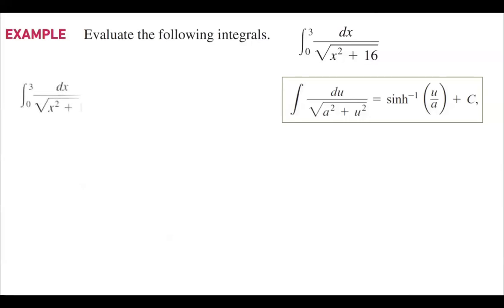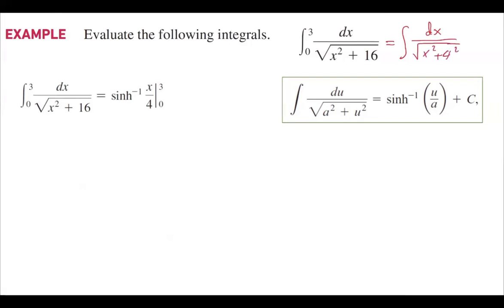Well, this integral is nothing but inverse hyperbolic sine of x divided by 4. Why is that? If you rewrite this as the integral of dx divided by square root of x squared plus 4 squared, we can easily recognize the pattern.